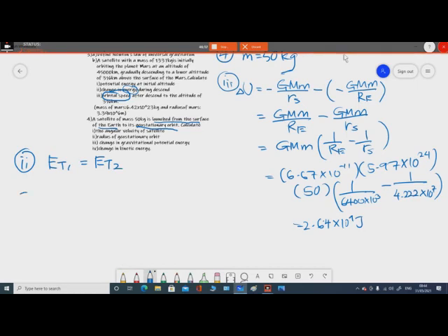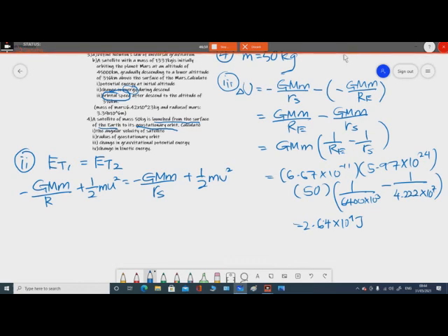So this is the potential energy at the surface of the Earth plus half m u squared, which is the initial velocity. This one will be the gravitational potential energy at the radius of the stationary orbit, denoted as s, plus half m v squared, our final velocity.